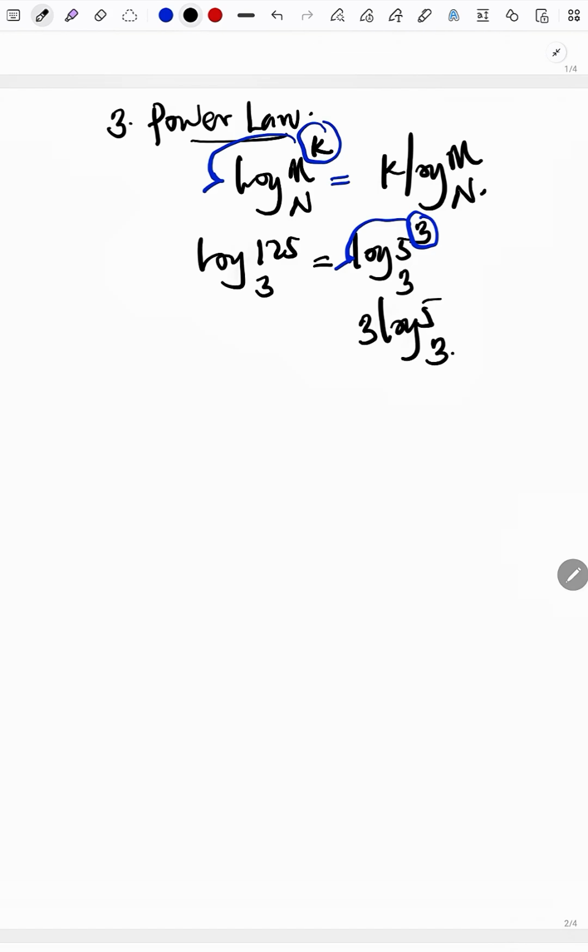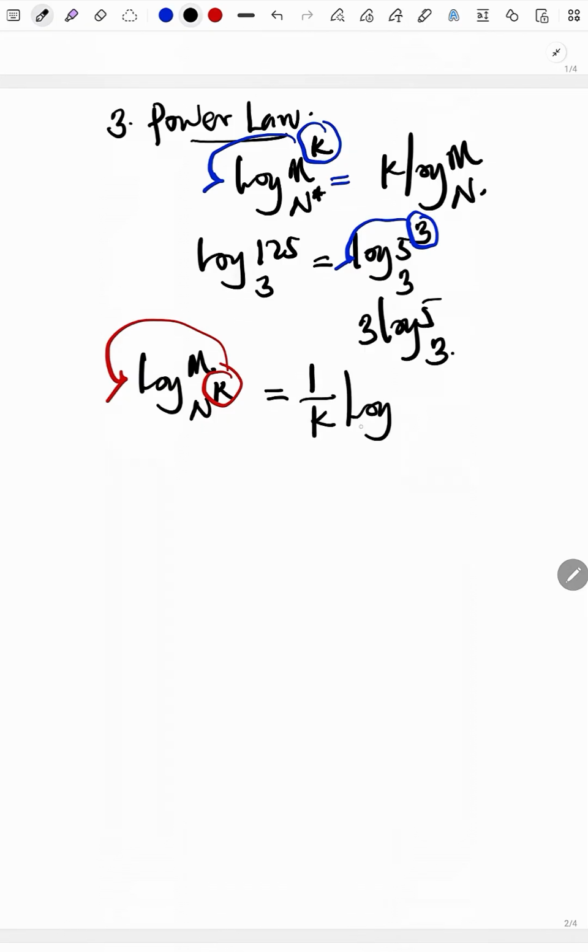However, there are other cases. How about when the power is in the base? Let's give an instance. Log m base n raised to power k. Would it be able to be sent back? In this case, if we are sending this back, this comes as 1 over k log m base n.